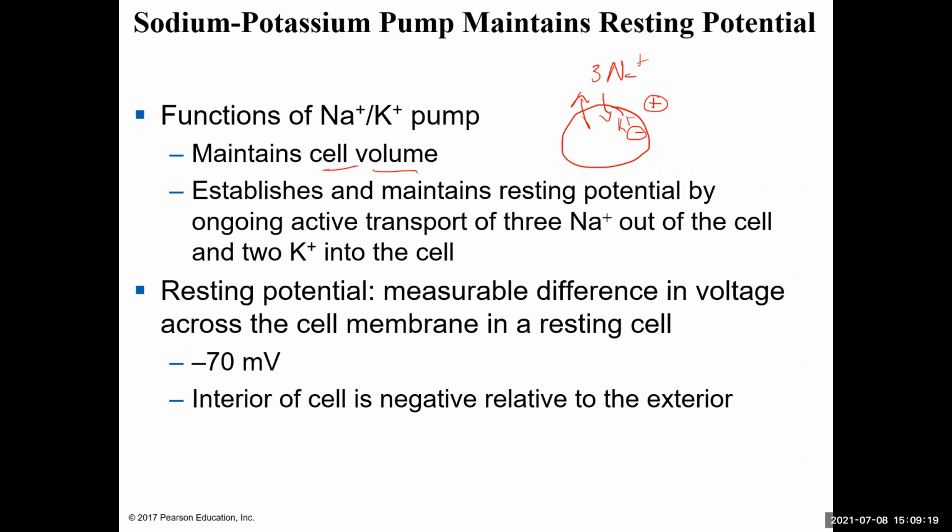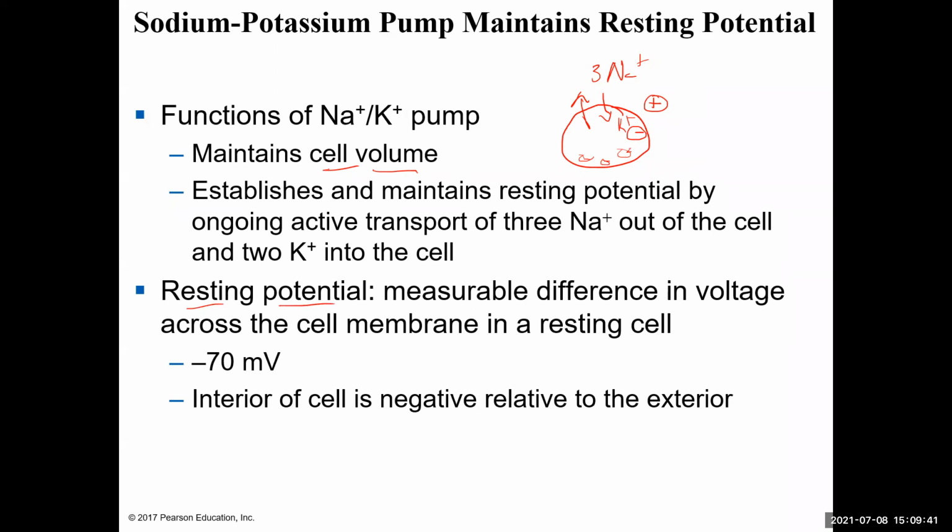So outside of the cell membrane, you have a positive environment. And inside the cell, you have a negative environment. Okay, so that's really important to remember. Now, the negative charge that exists on the inside of the cell is what we refer to as the resting potential.